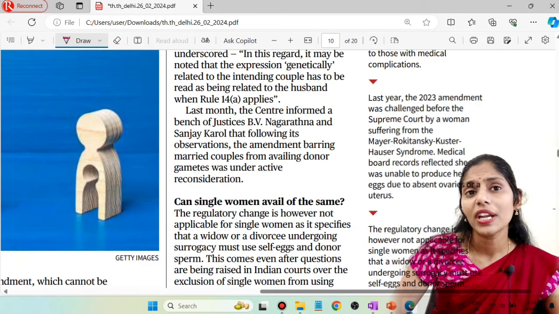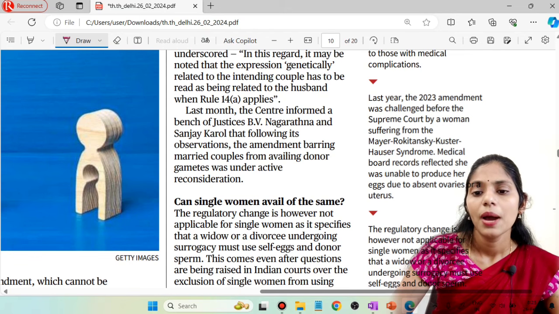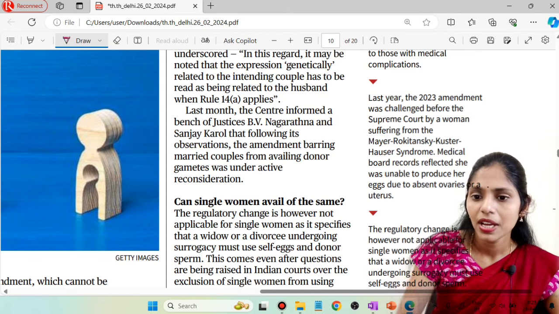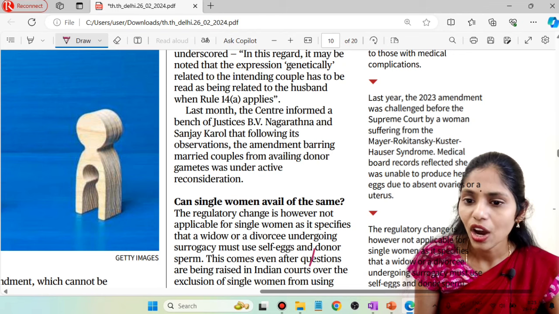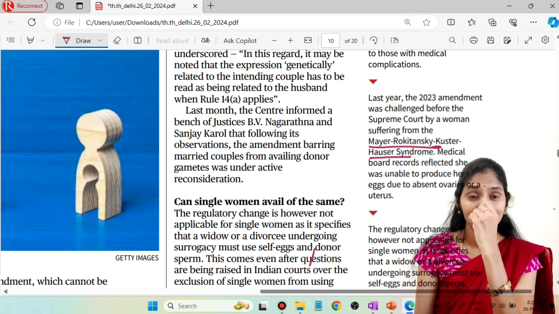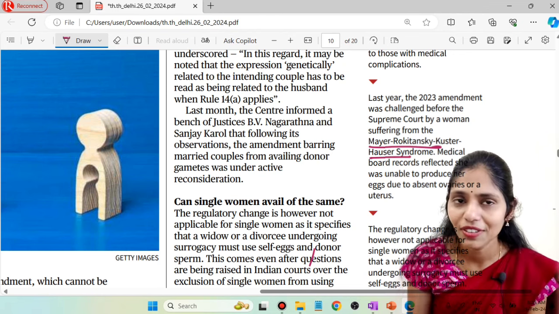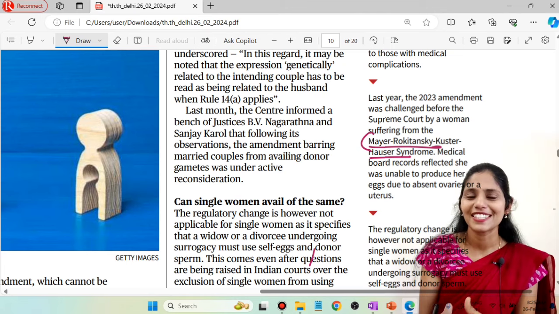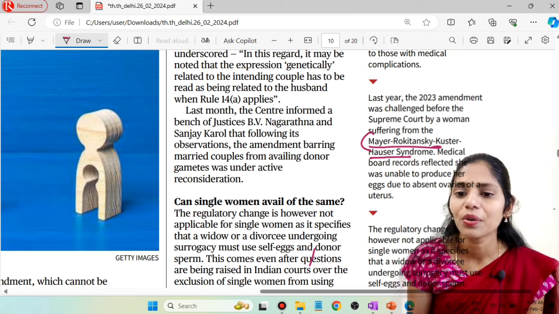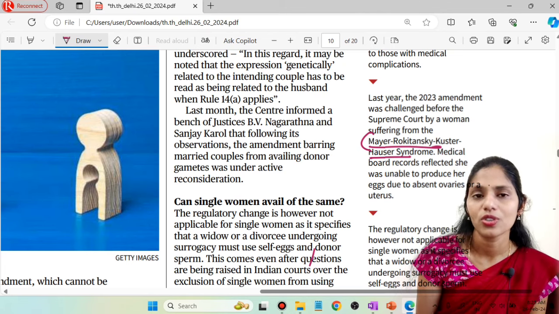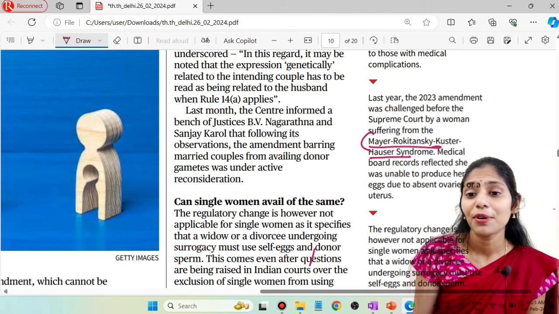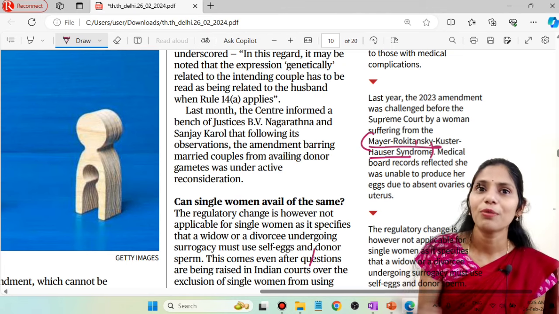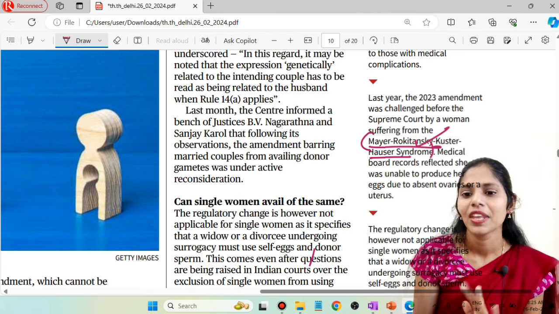Last year, the 2023 amendment was challenged before the Supreme Court by a woman who is suffering from Mayer-Rokitansky-Küster-Hauser syndrome. I don't know about this syndrome clearly, and it is the first time I am hearing about it. I will study it today, and tomorrow I will let you know what the syndrome exactly is.